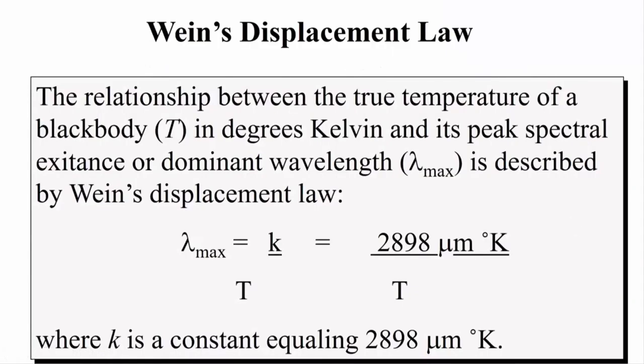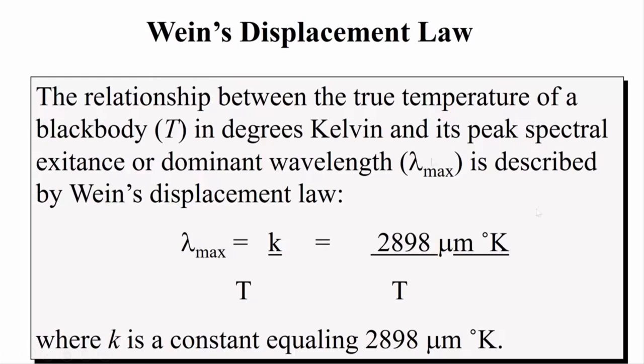Coming to Wien's displacement law, this law tells the relationship between the true temperature and the dominant wavelength. When the dominant wavelength or the temperature is known, one can calculate the other.